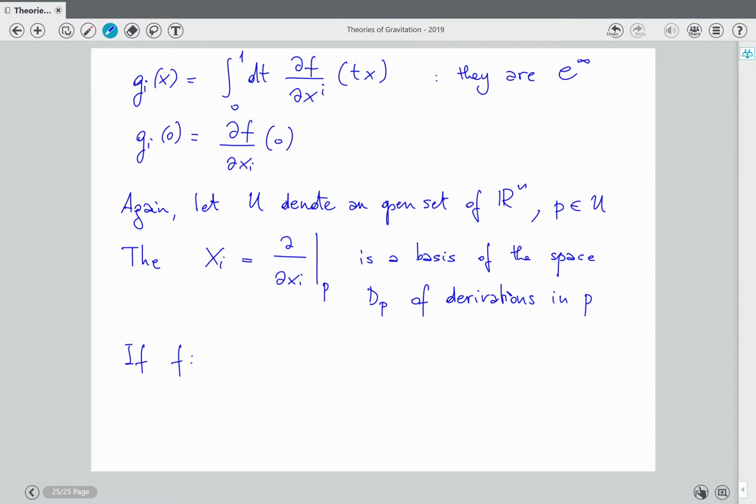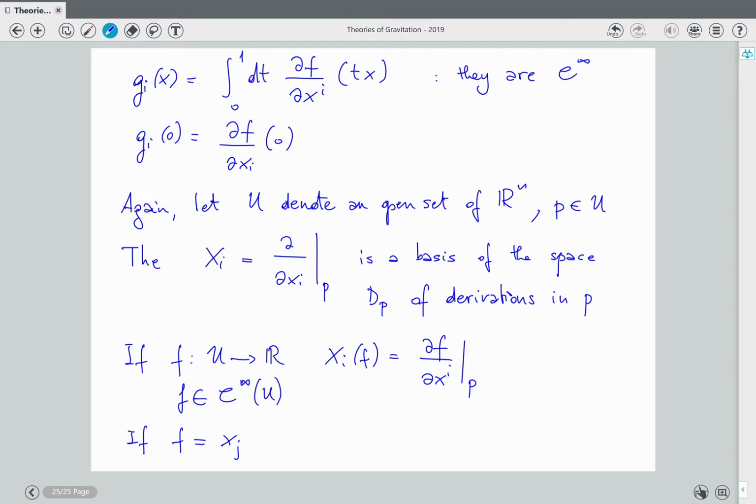So if f is a function from U to R, a C-infinity function, then capital Xi of f denotes simply the partial derivative of f with respect to xi calculated in P. So that's a linear map from a C-infinity function on U, which is f, to the real line, because on the right hand side you have a real number, which is the value of the partial derivative calculated in P. In particular, let us take a very simple C-infinity function, f equal to a coordinate, xj.